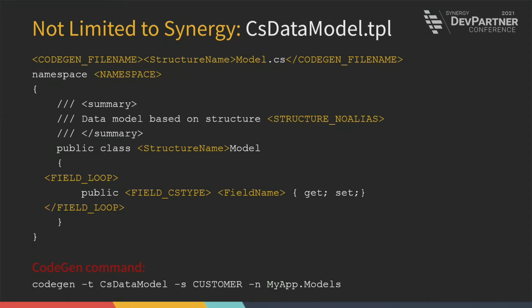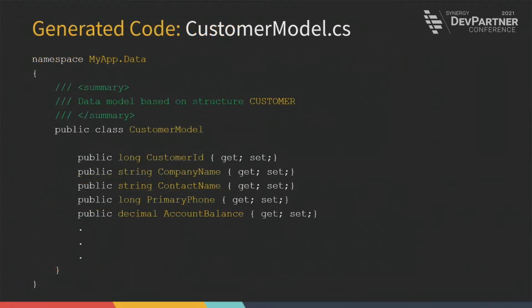Again, we use this template in the exact same way with the exact same command line, apart from the name of the template itself. And now the output we're producing is a C# data class, not a Synergy data class. And we do have support for C#, VB, DBL, obviously.